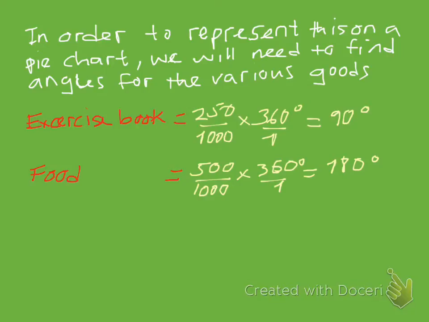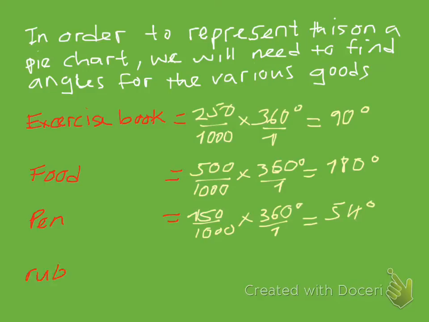So on that circle, 180 degrees to food, 90 to exercise books so far. Next is the pen: 150 over 1,000 times 360 degrees over 1. This will leave us with 54 degrees dedicated to the pen. And the ruler, last but not least: 100 over 1,000 times 360 over 1. We dedicate 36 degrees to the ruler.